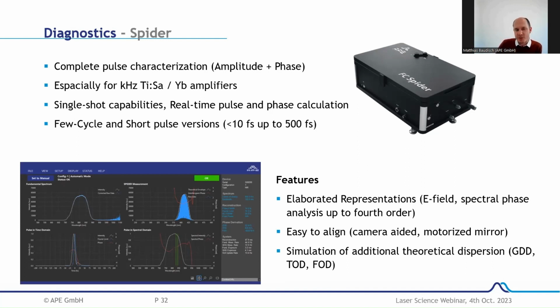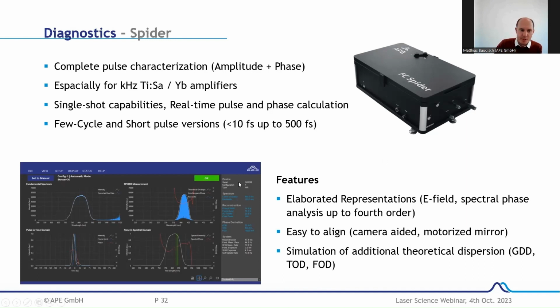And especially for these very short pulses, typically you can't rely on the specifications given in a datasheet when you buy the system, but you actually have to measure them, because if the pulses are really short, let's say in a range of 50 femtoseconds and so on, they change over time because of thermal effects and so on, and the alignment of the system changes a little bit, so they have to be fine-tweaked quite often.